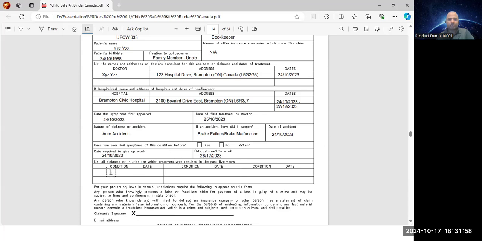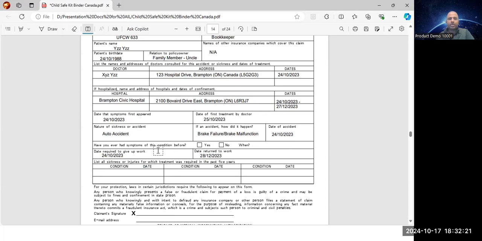Which makes sense. Okay, have you ever had symptoms of this condition before? Yes and no. When? When it comes to symptoms, we're talking about an auto accident. Unfortunately, the auto accident was a result of brake malfunction.